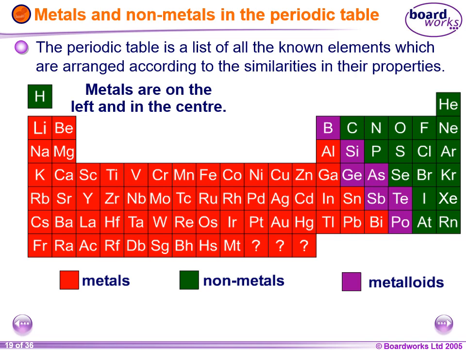So, metals are on the left and in the center of our periodic table. Tama. Sa left side, kapag kayo ay nakaharap dun sa periodic table, yung left side at also yung gitna, okay. Dun matatagpuan yung mga metals.